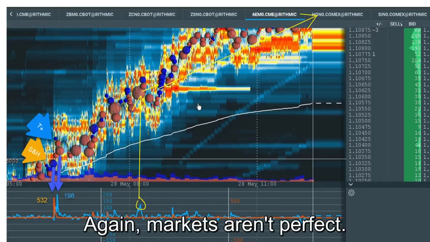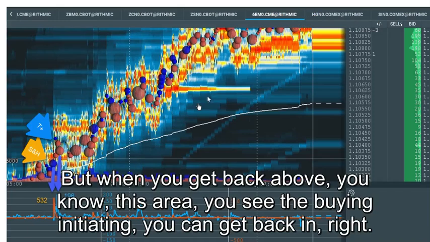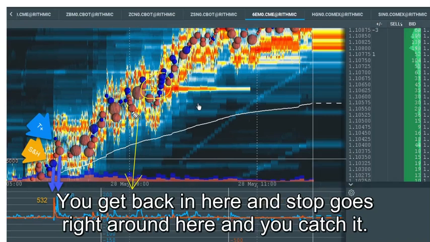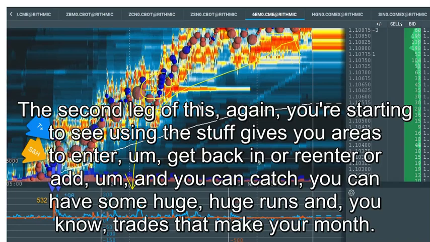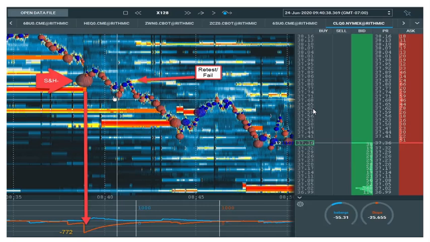Markets aren't perfect, but when you get back above this area and you see the buying initiating, you can get back in, right? You get back in here, stop goes right around here, and you catch the second leg of this. Using this stuff gives you areas to enter, get back in, re-enter, or add. And you can have some huge runs and trades that make your month.